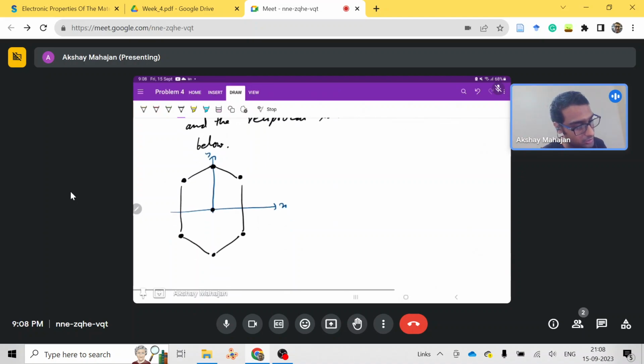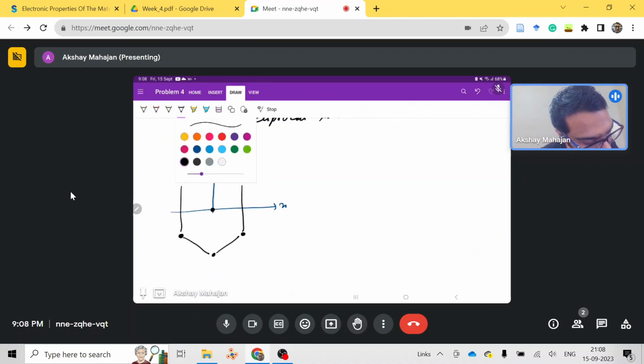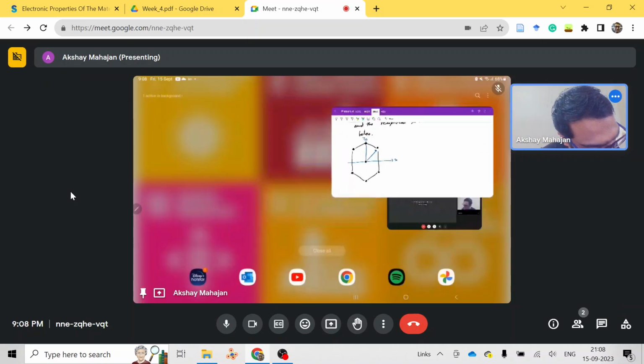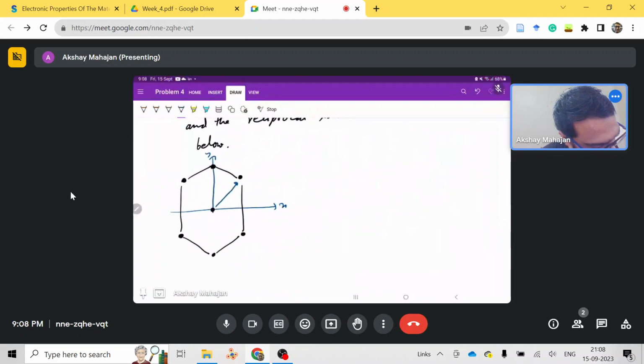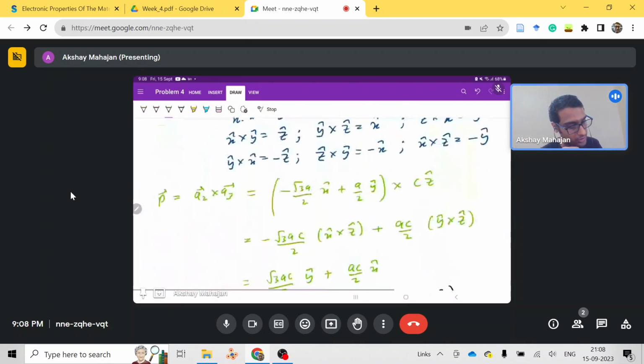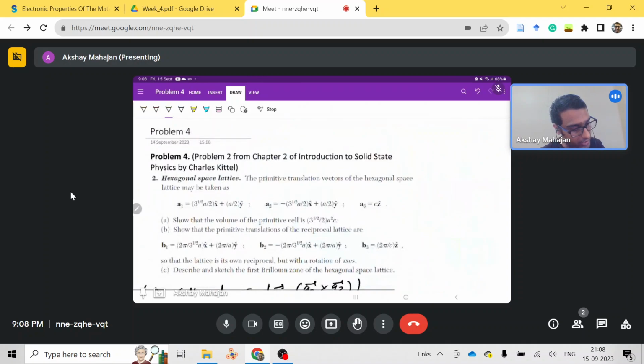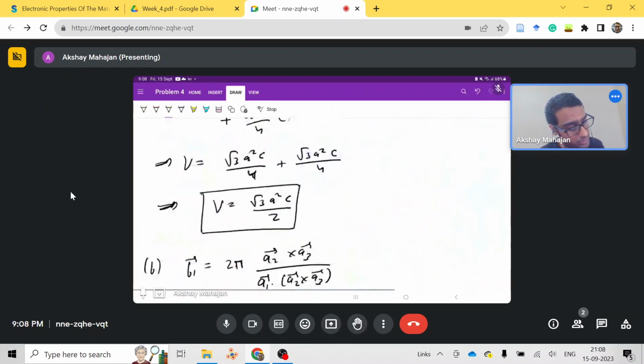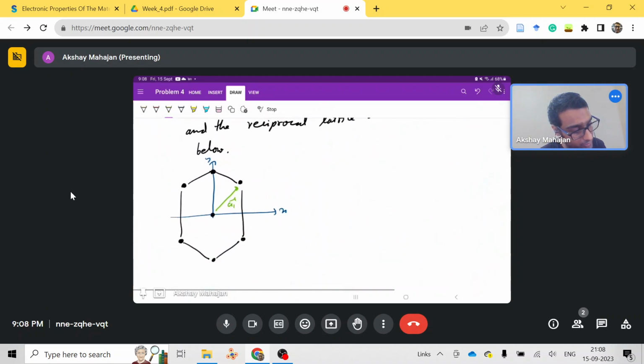The diagram is not that clear, but you can check it if you make it. This you will get from your A1 vector, which is root 3 a by 2 x cap plus a by 2 y cap, and then minus root 3 a by 2 x cap, a by 2 y cap, and c times z cap. The c times z cap will be in some other direction, right? So one will be this A1 vector, and this you can get with your A2 vector.